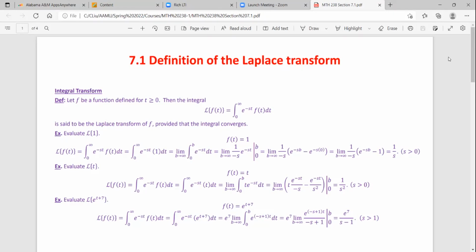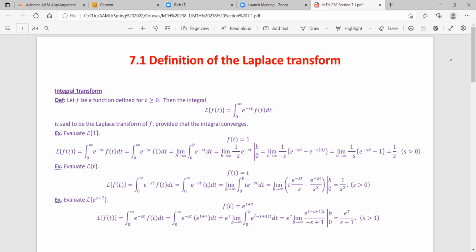So how do you integrate t times e to the negative st with respect to t? I'll give you a hint: use integration by parts. You learned integration by parts in Calc 2. You have to define some u and dv. Here, you let u equal t and e to the negative st dt equal dv.